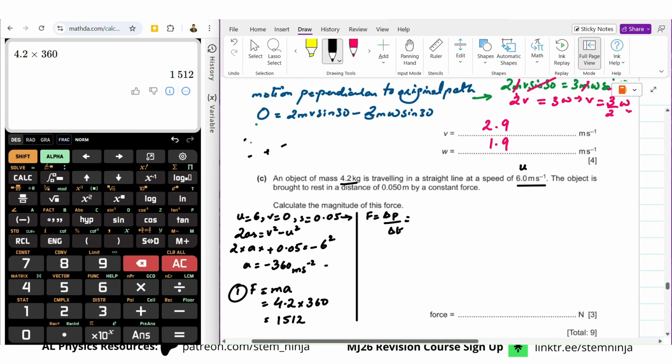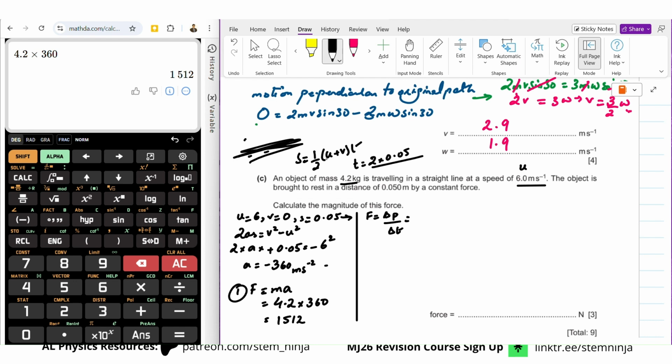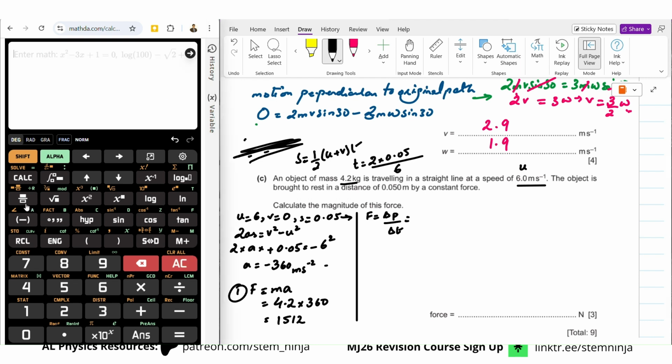If you haven't found the acceleration, then what you can do is use s is equal to half u plus v t to find out time. So time would be 2 times 0.05 divided by 6.